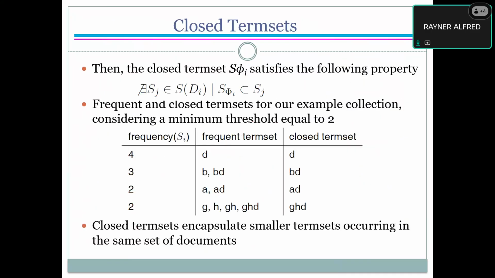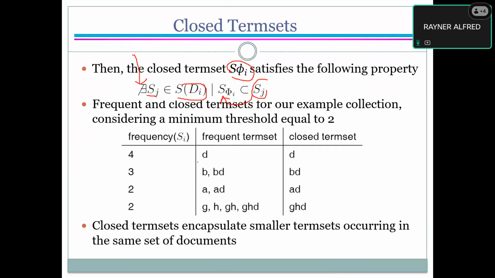So we can define that the closed term set satisfies the following property: there won't exist a term set belonging to this such that it is a superset of the closed term set. That means we will ignore all the subsets of the closed term set.